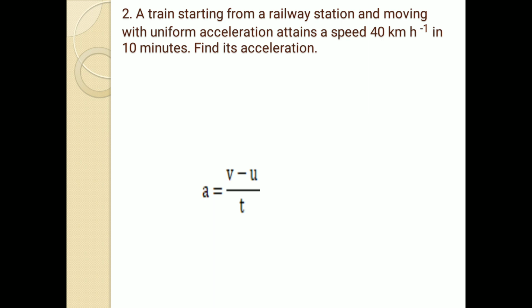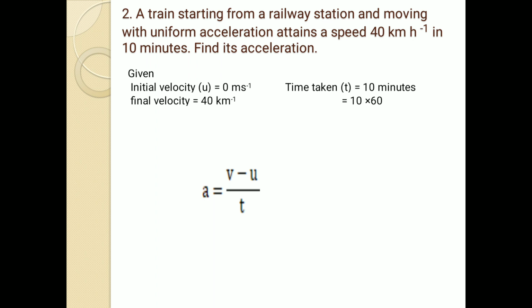One thing you should remember: any object starting from rest, you can take its initial velocity as 0. Keep it in your mind, okay? So now initial velocity will become 0. Initial velocity u is equal to 0, and time taken they have given 10 minutes, okay?